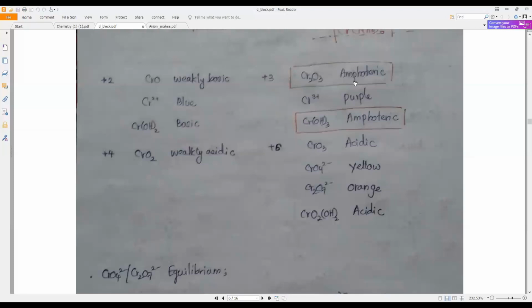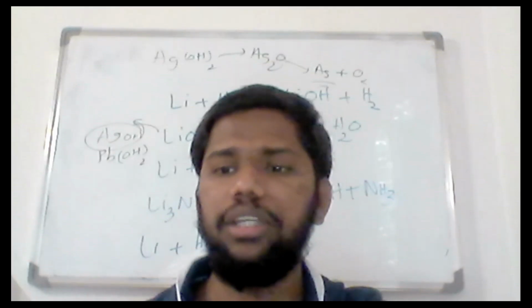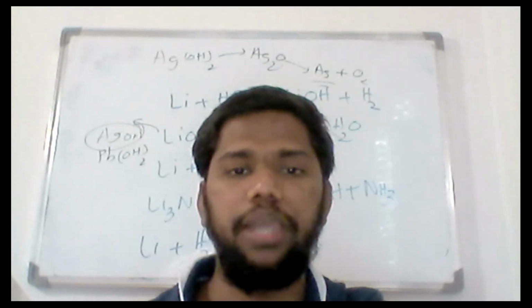So Cr2O3 we already knew should be the amphoteric one, because when ammonium dichromate is heated, it will form Cr2O3. That is one factor. Okay. And you can imagine what should be the acidic one. Here it is already given. And if you know these things, again, I would say you will not spend much time on this question, right?